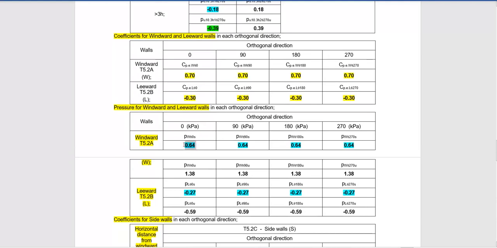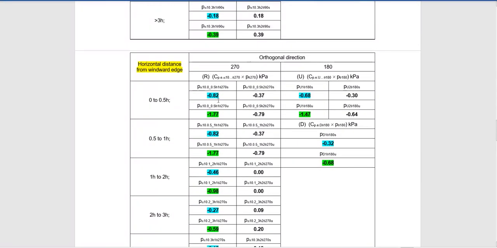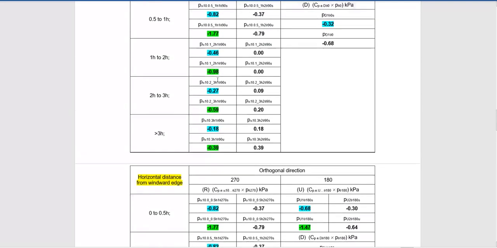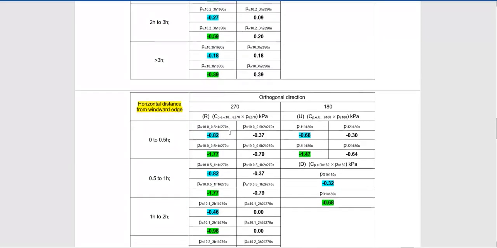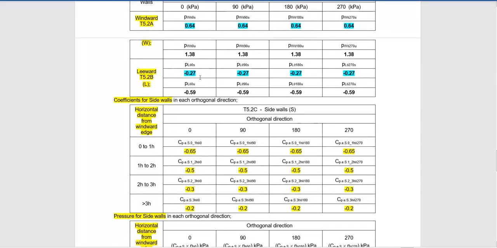That's why we got only one here. In other cases we have two values, then we have to get the maximum value. But for the Cpe for windward and leeward, we have only one value. That's why we get only one value for the net pressure.